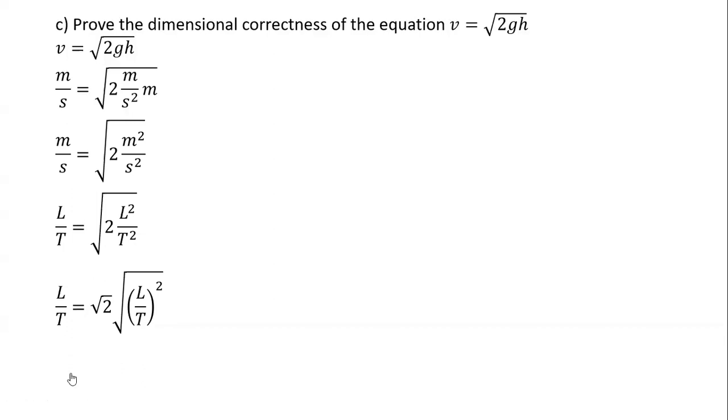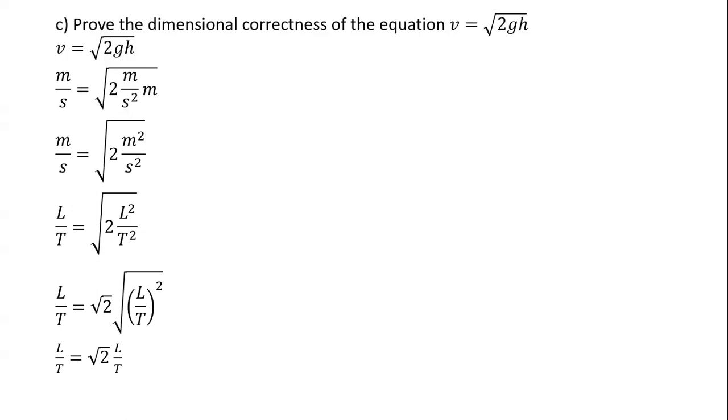Now those powers, this root and this power, will cancel. And therefore, you're going to remain with root 2, then L over T as our final expression. So L over T is equal to root 2, L over T, or L over T root 2.